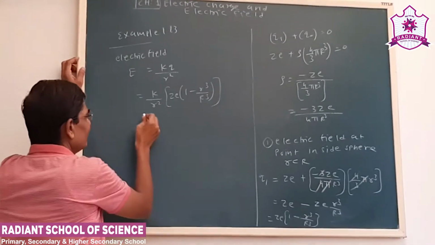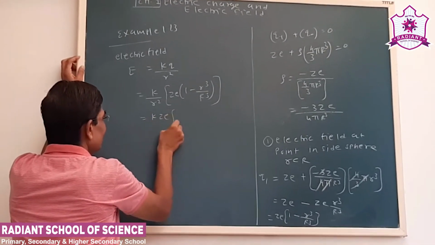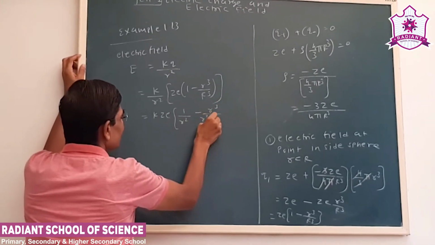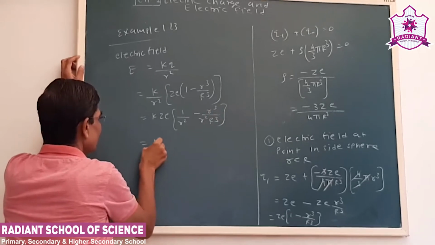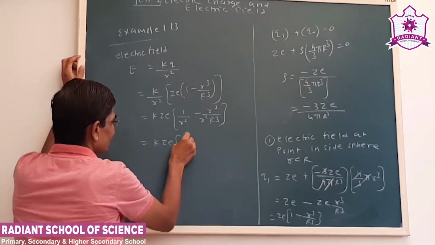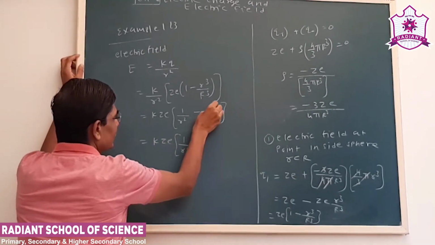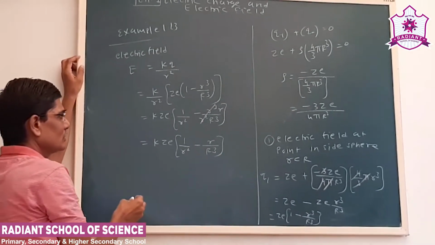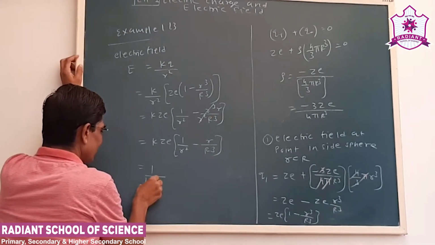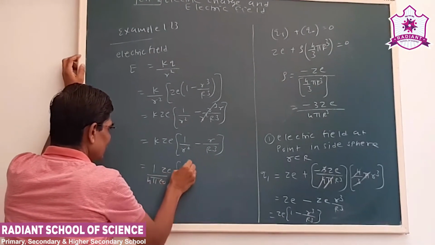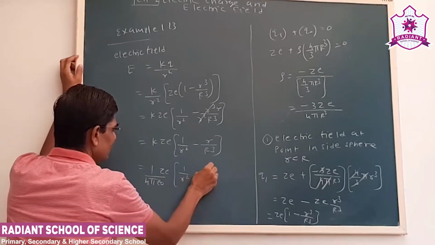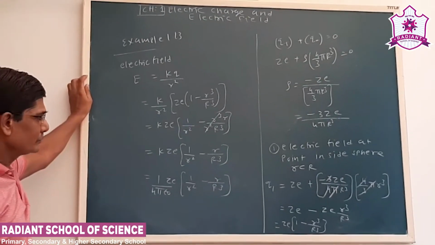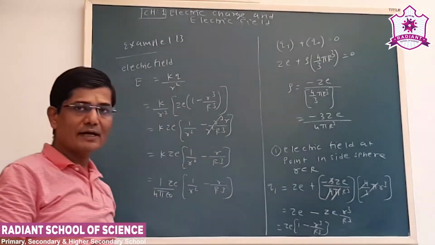Now if you simplify, it will be kZe into 1 upon r square minus r cube upon r square R cube, so kZe into 1 upon r square minus r upon R cube. Now k value is 1 upon 4 pi epsilon 0. We can write Ze upon 4 pi epsilon 0 into 1 upon r square minus r upon R cube. Now this is the electric field at a point inside the sphere, that is r less than R.